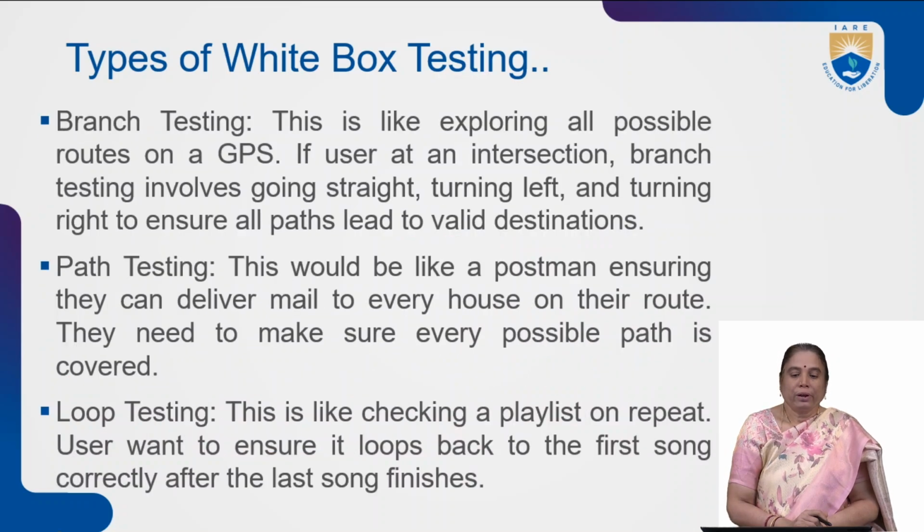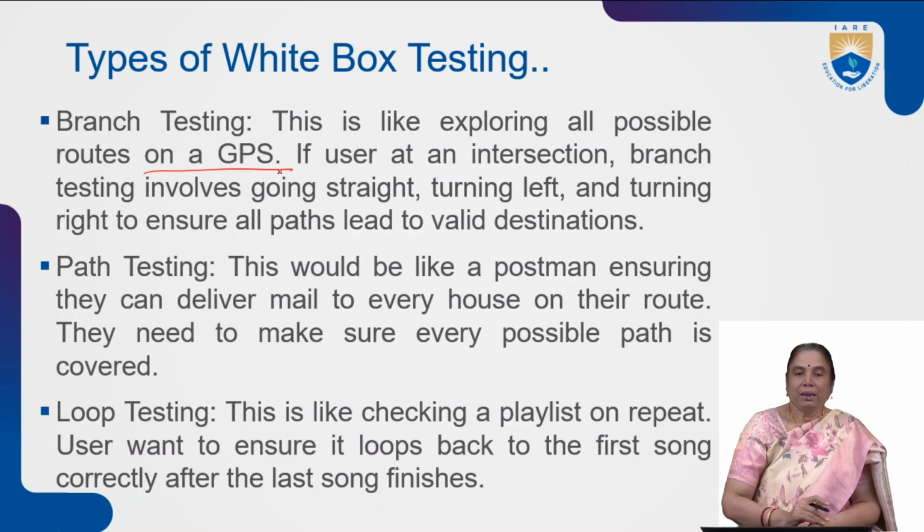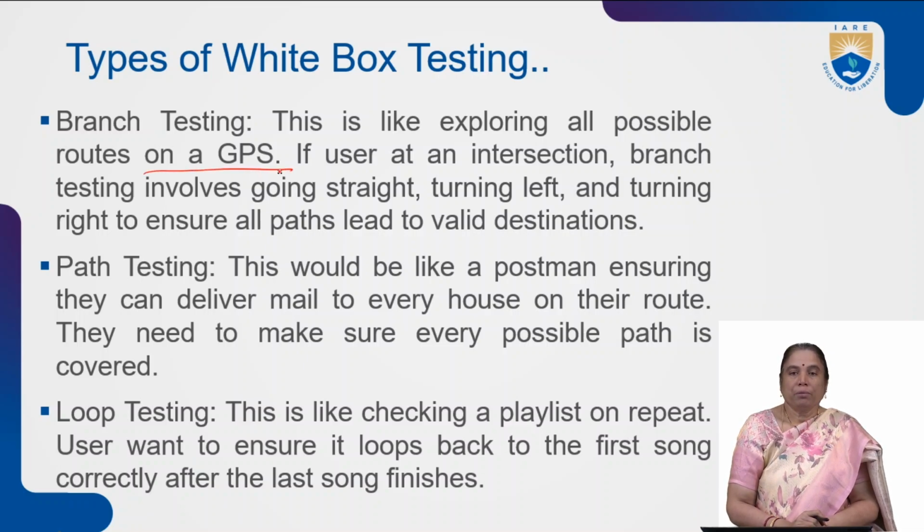The next variety of white box testing is branch testing. Branch testing is just like exploring the possible routes with the help of GPS. When you are at the crossroad, whichever path you take, each and every possibility is exercised once with valid destinations by using branch testing.